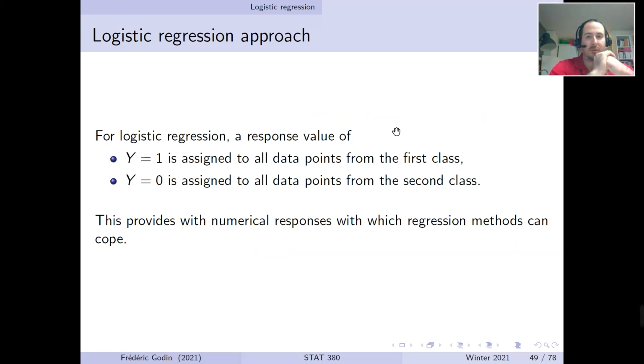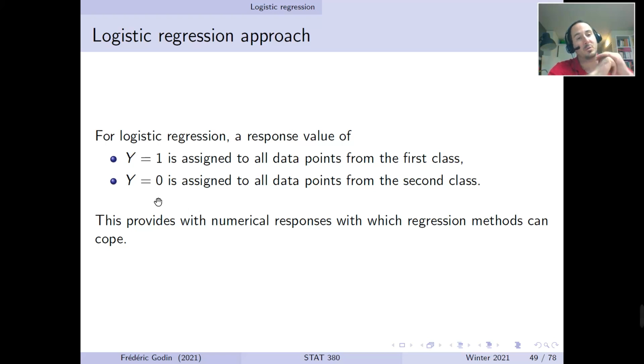For logistic regression, we assume that there are two possible responses: the class is 1 or the class is 0. For all observations within class 1, we impose a response of 1, and for all observations in class 0, we impose a response of 0.